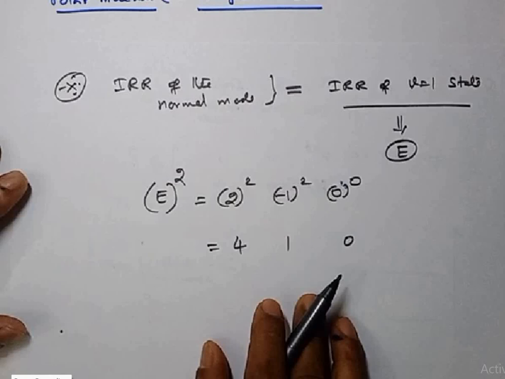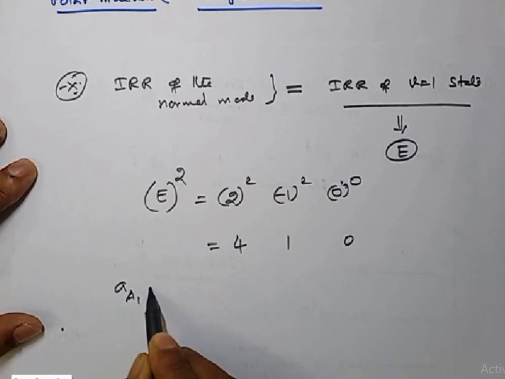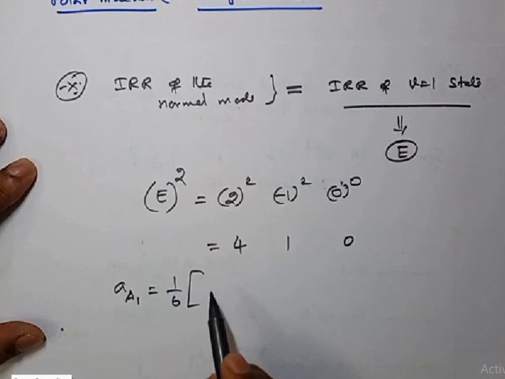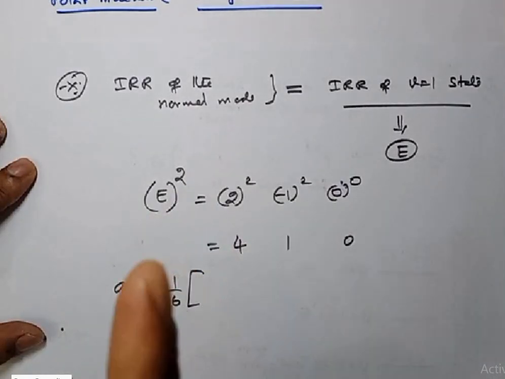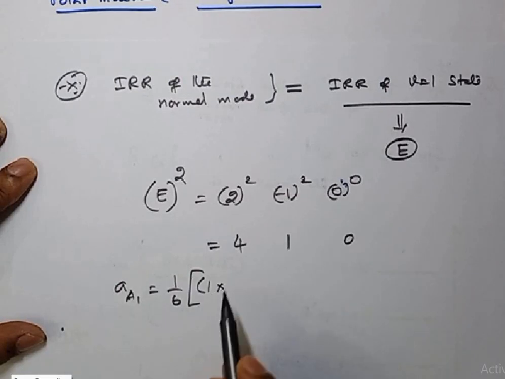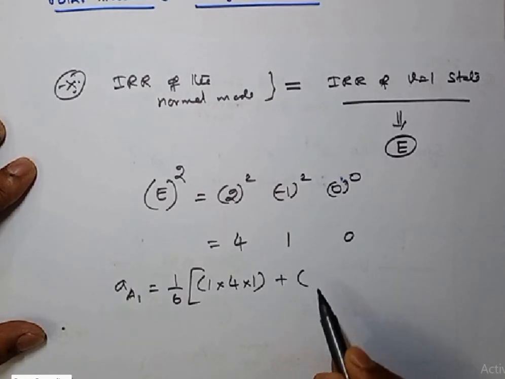So let me find out whether A1 is there or not. For A1, the order of the group is 6, times the number of class 1. In class 1, the number of identity operations is 1, and the reducible character is 4. Along A1, the character is 1, plus the second class.